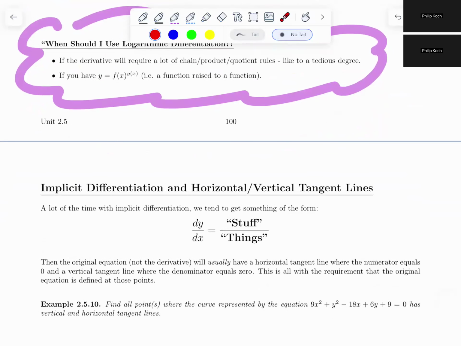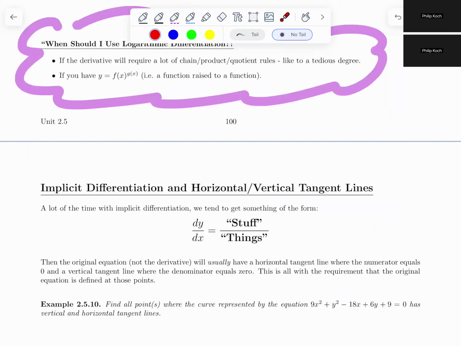So now, if you've noticed, whenever we do implicit differentiation problems, 99% of the time, we end up getting stuff over things. Very scientific wording, I know. But you usually get something on top over something on bottom. And so you can still find tangent lines.